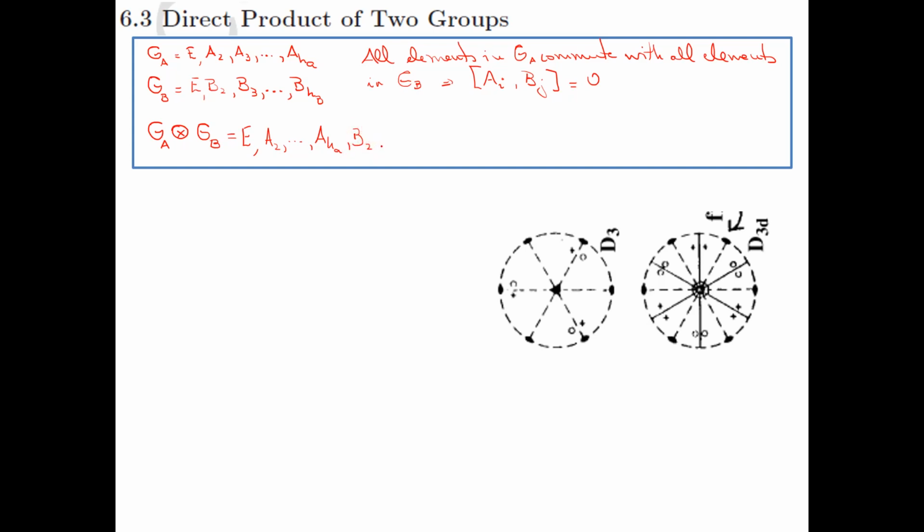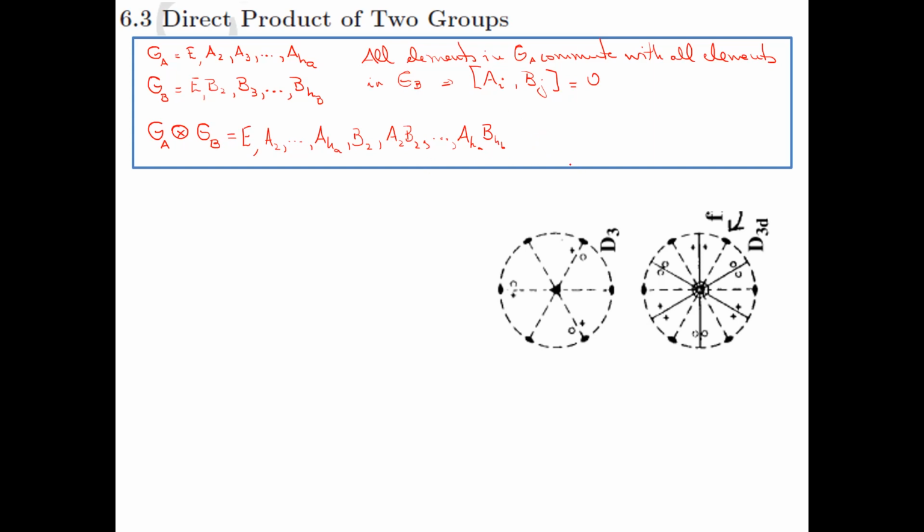Then I have A2, B2, and then etc. And I keep doing this until the last one, which is AHA times BHB. Okay?